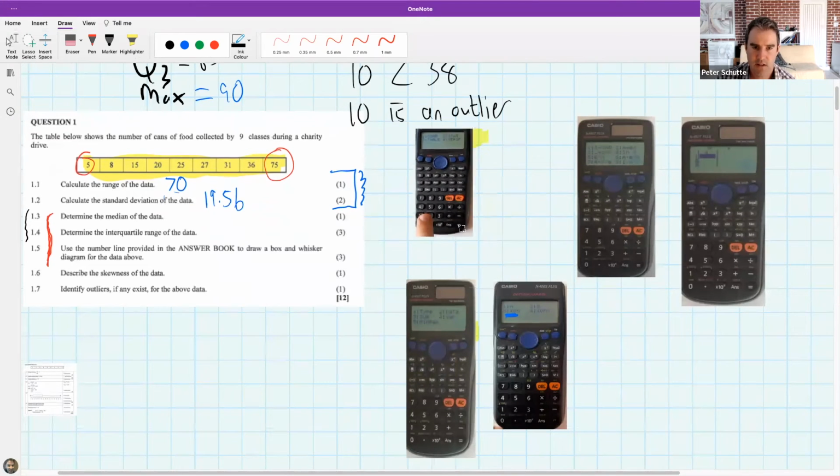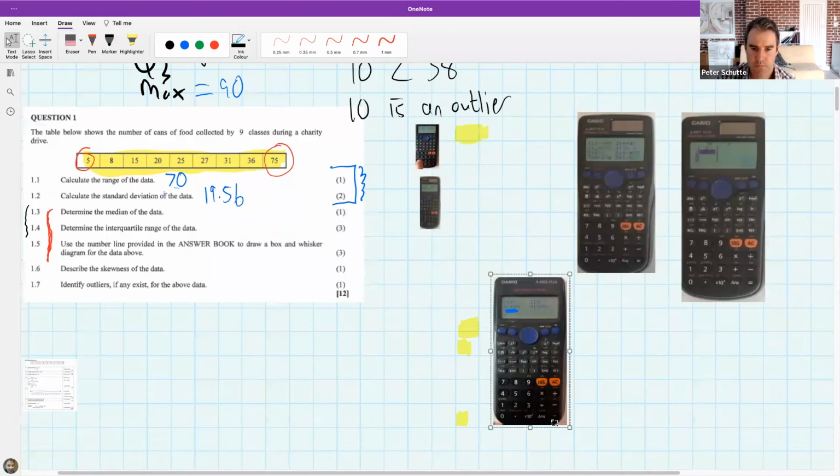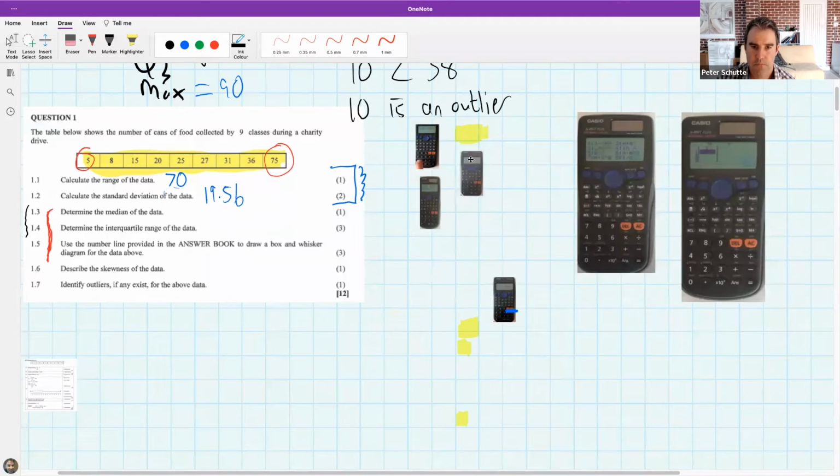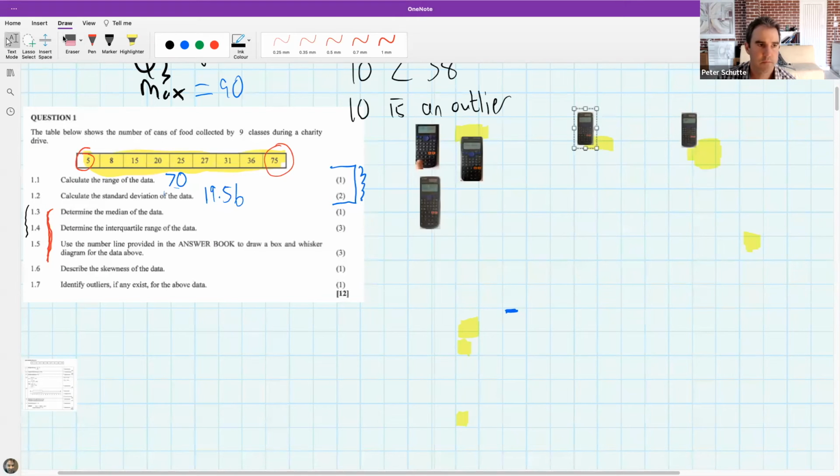I'll make these calculator things smaller. So I know n is 9. Whenever I do the median, I calculate the position. So I go n plus 1, over 2.